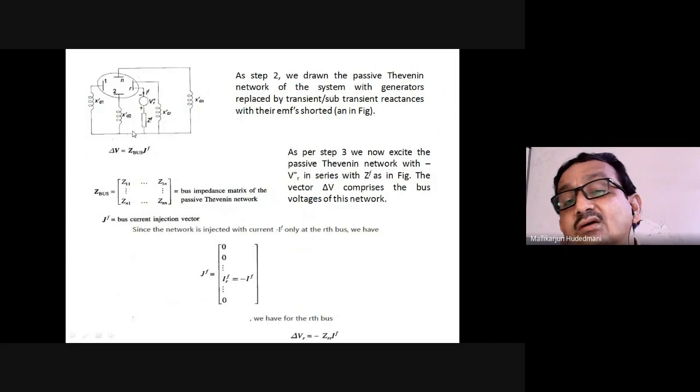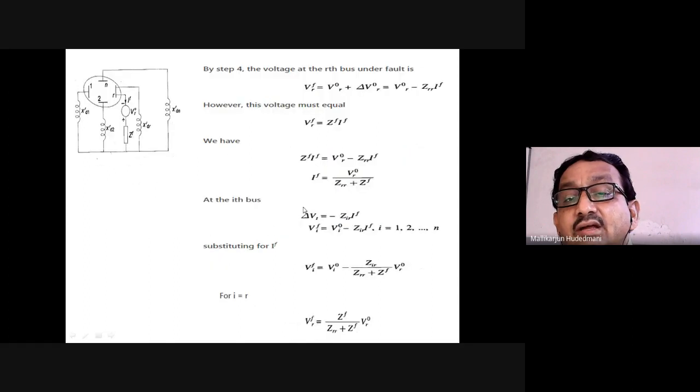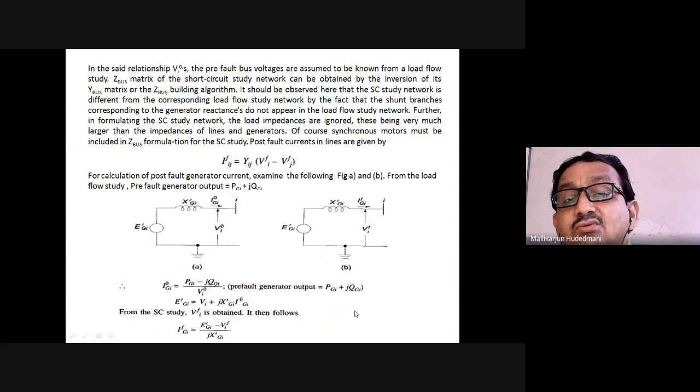Then draw the Thevenin's equivalent diagram without the sources, then obtain Z bus, then get the value of the voltage VR0, then delta VR, then the respective equation equality for ViF, how it is being done. So it is being done for i equal to R, a special case study. Then it comes to Yij, straightforward here itself.